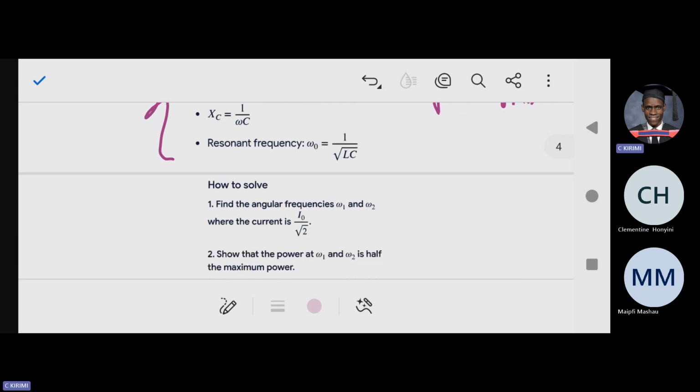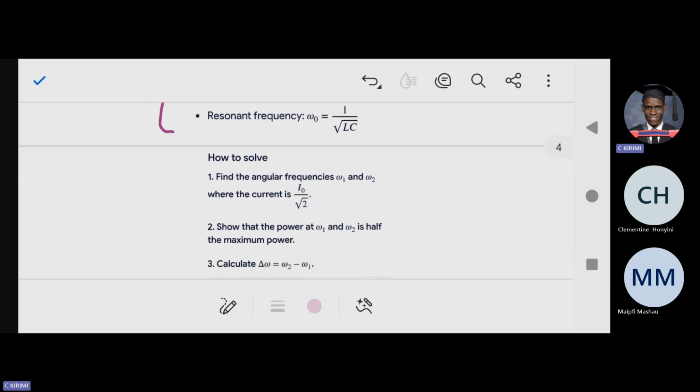All right. So we are going to find the frequencies. So first, we must show that the power at W1 and W2 are half power points, which means they are half the maximum power. That's what we want to calculate. So that is step number 2.